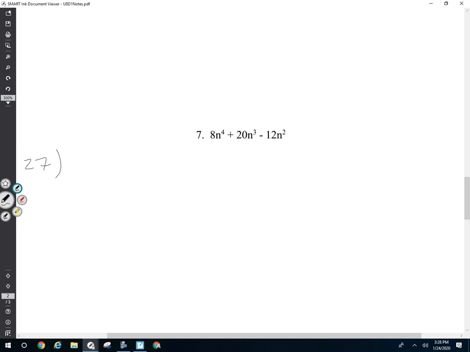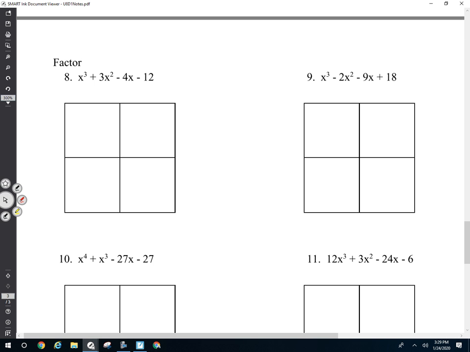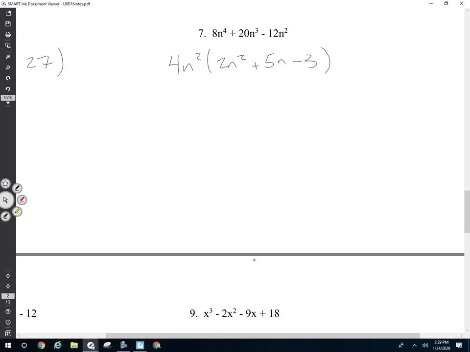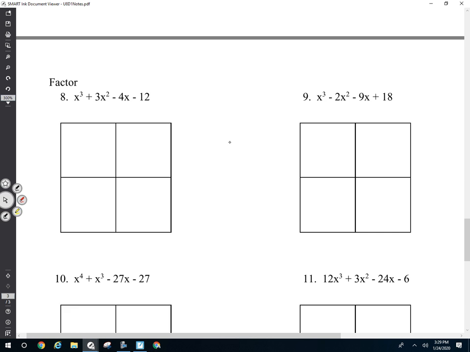8n to the 4th plus 20n cubed minus 12n squared. I'll do this one. 4n squared times 2n squared plus 5n minus 3. Okay. Let's look at these.